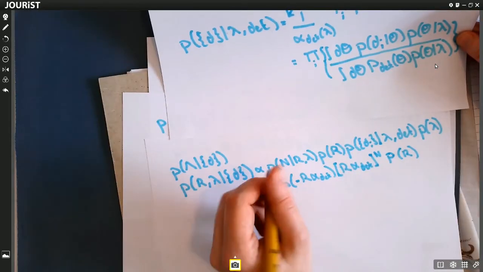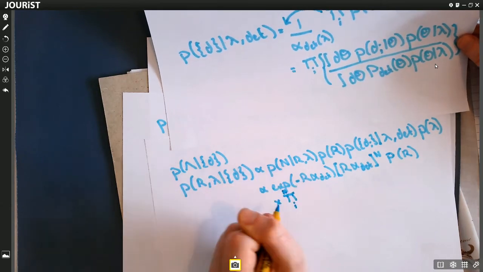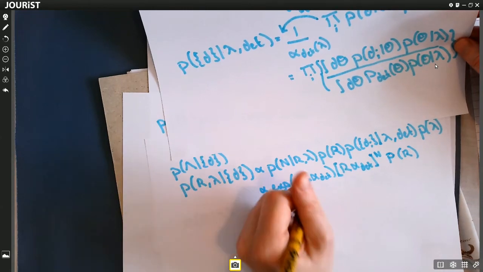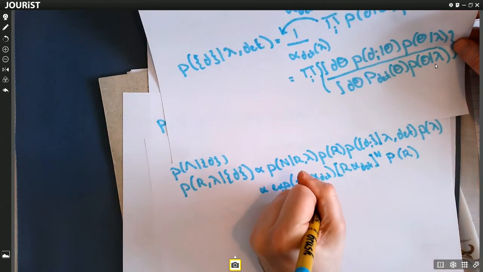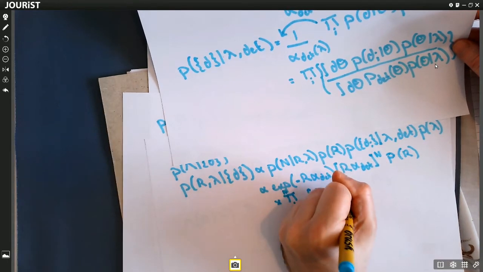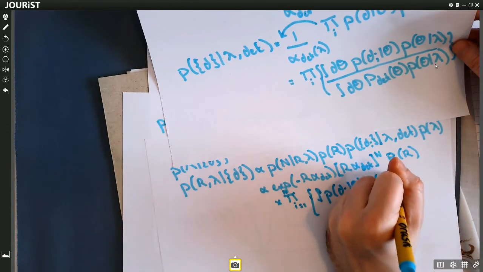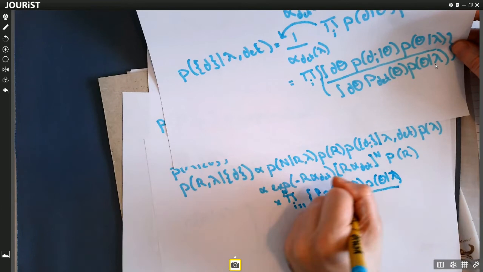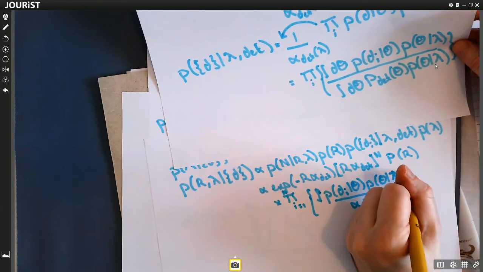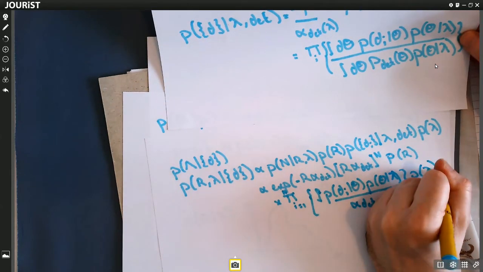is the product over i, i equals 1 to n, of the integral of p(d_i given theta), p(theta given lambda), divided by alpha_det, okay, times our prior on lambda.